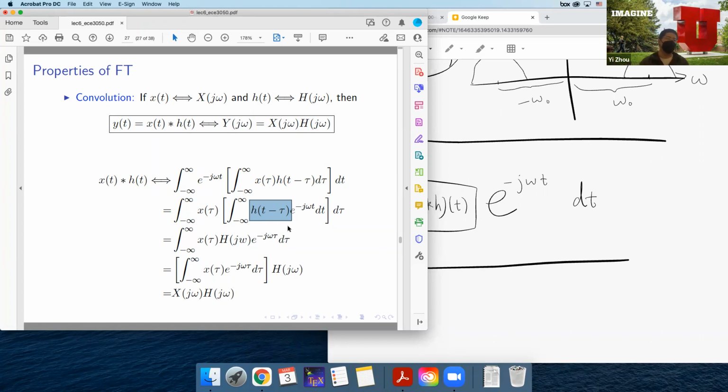Therefore, this is how we transfer the convolution in the time domain into multiplication in the frequency domain. So this is the proof. It's basically playing with the integrations.